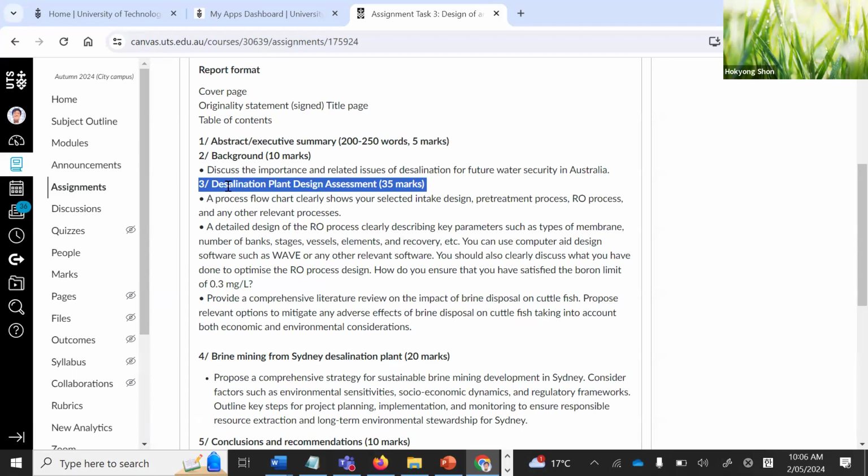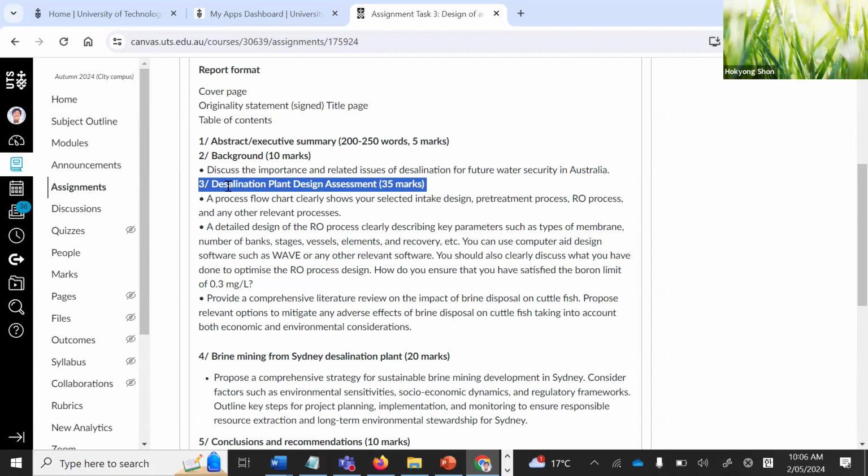There are more than 100 different membranes. So how can you select for your feed water, the quality of the seawater, to remove all the salt. And you have a number of banks, stages, vessels, elements, recovery.